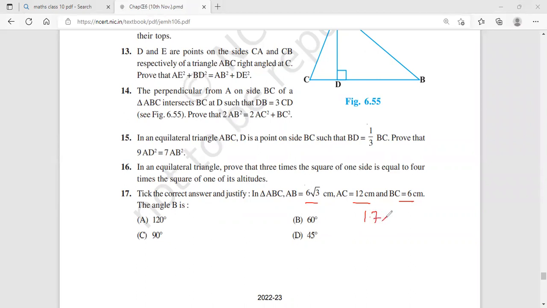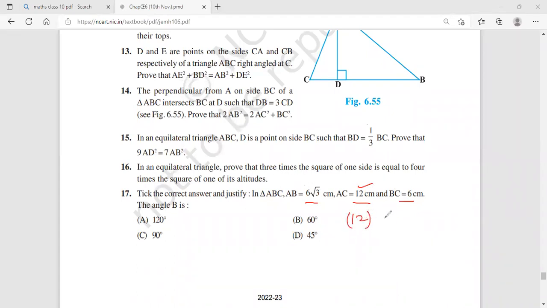So 6 into 1.7 will not be equal to 12, right? It will be less than 12, somewhere around 11 point something. So the biggest length is 12. So let's square it.